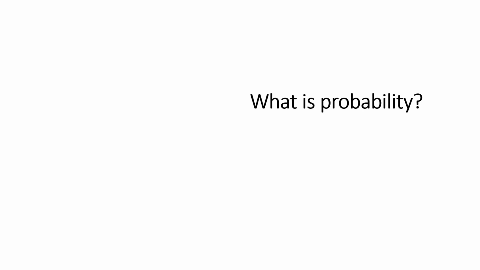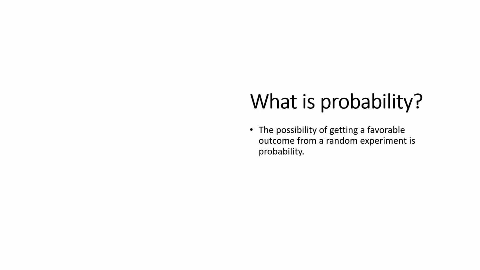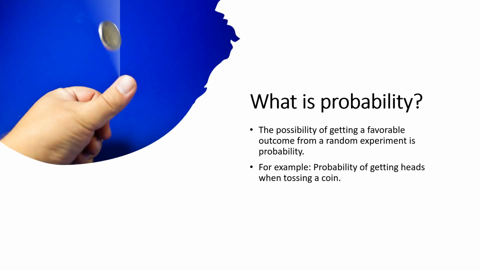So what is probability? The probability is like a possibility of getting a favorable outcome from a random experiment is called probability. So say for example, you have a coin that you're trying to toss. So the probable outcome of that would be either you will get a head or a tail. Other than that, you will not have any third result out of it.